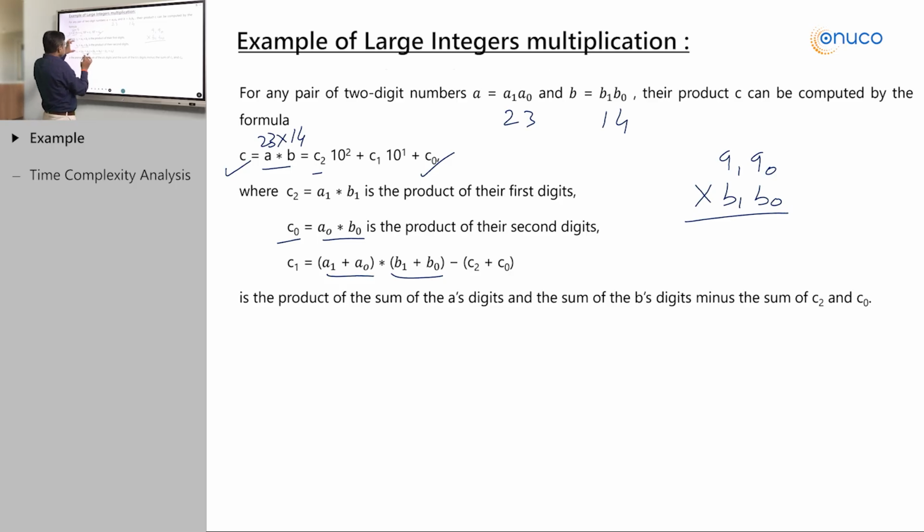Okay, so now these three terms you are going to use in order to decrease the complexity, right? Let us see whether we get the same answers or not. C2 is A1 B1, which is nothing but 2 into 1.